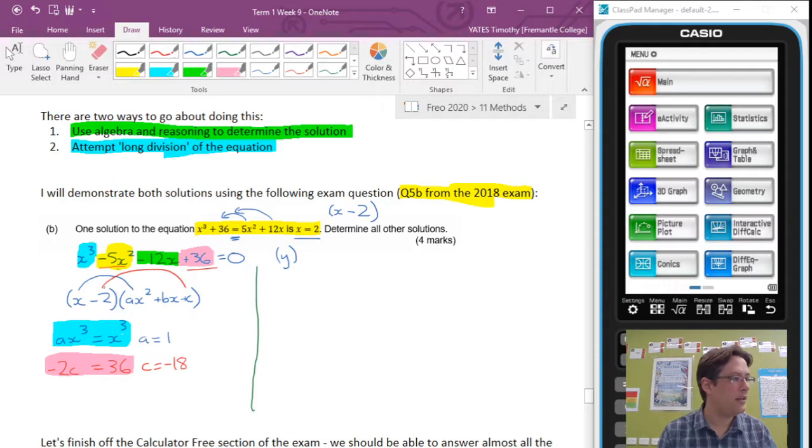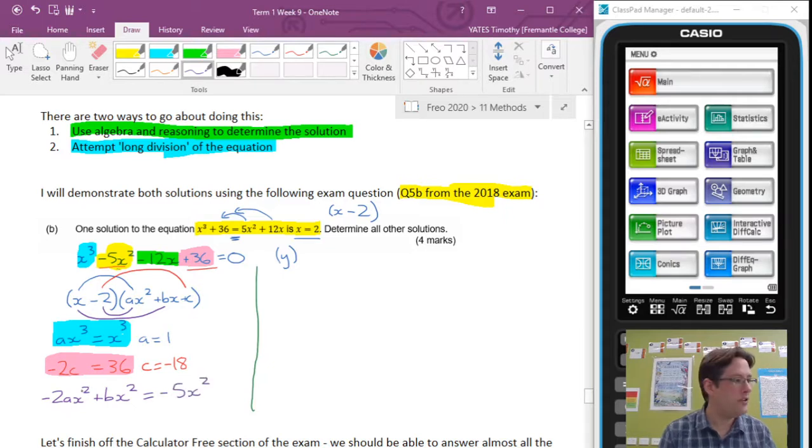We can get x squared by, I'll choose purple for the moment, multiplying negative 2 times ax squared, and that will have an x squared there, so that'll be negative 2ax squared. The other way I can get an x squared term is by doing x times bx. And when we expand these will be combined together as like terms. And whatever they end up with, they will add to negative 5x squared.